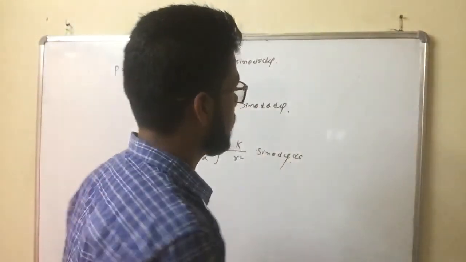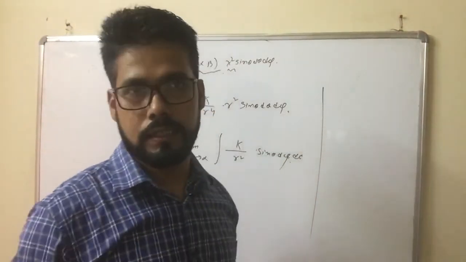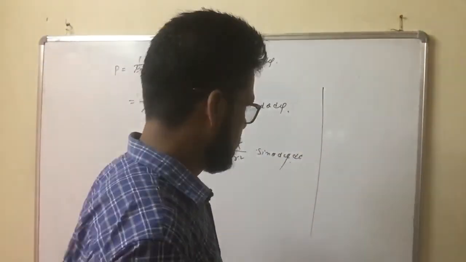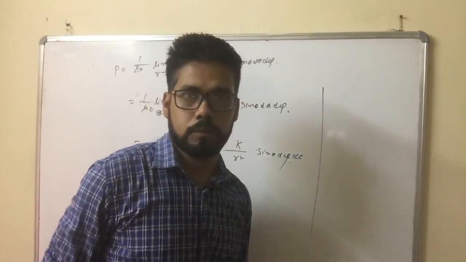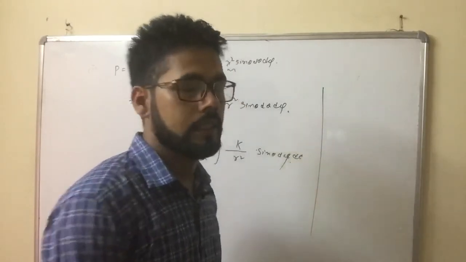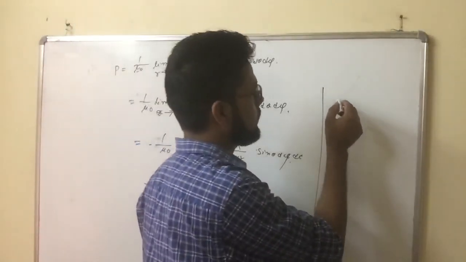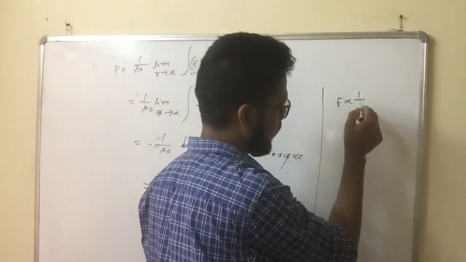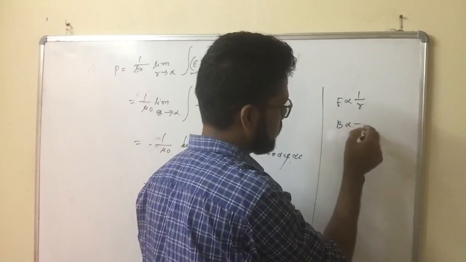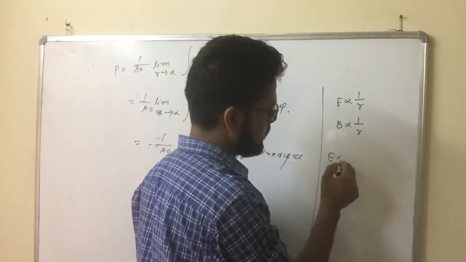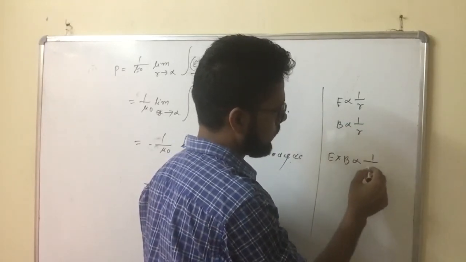But for a moving charge, with a time-dependent electric field, Jefimenko's equations tell us that the time-dependent electric field is proportional to 1 by r and the magnetic field is also 1 by r. So E cross B is proportional to 1 by r square.